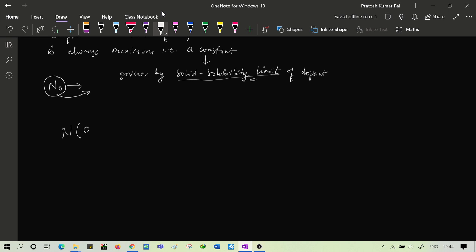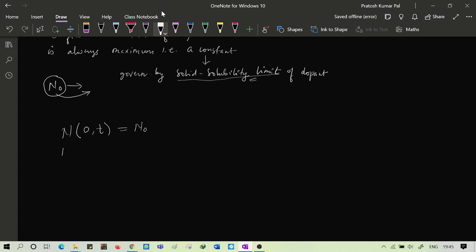At zero distance, for any time t, that means there is no diffusion and the diffusion depth is zero, the concentration of dopant will always be N0. This is a boundary condition, because the highest initial concentration is N0.